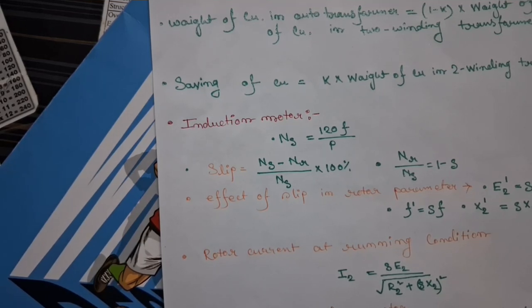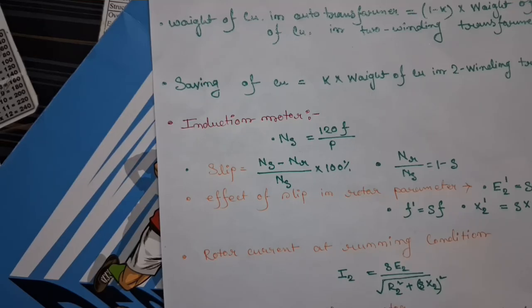Then you have to remember the effect of slip on rotor parameters. E2 dash is equal to S into E2. Here E2 dash is rotor generated voltage, S is slip, E2 is stator voltage.